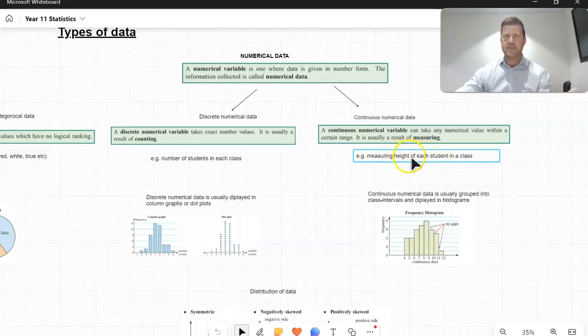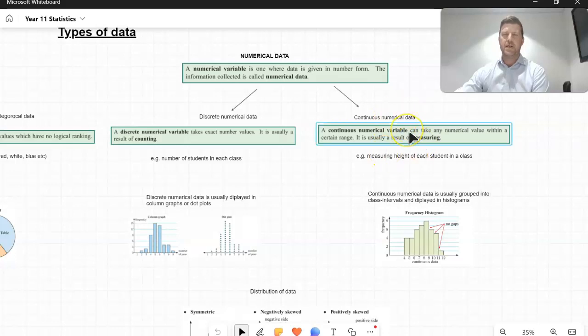And yeah, it still takes an exact value, but it might be that they're 160.3 centimeters. Right, so if you're measuring or timing something, it's usually continuous numerical data because it could take the form of a decimal. There could be lots of different responses.